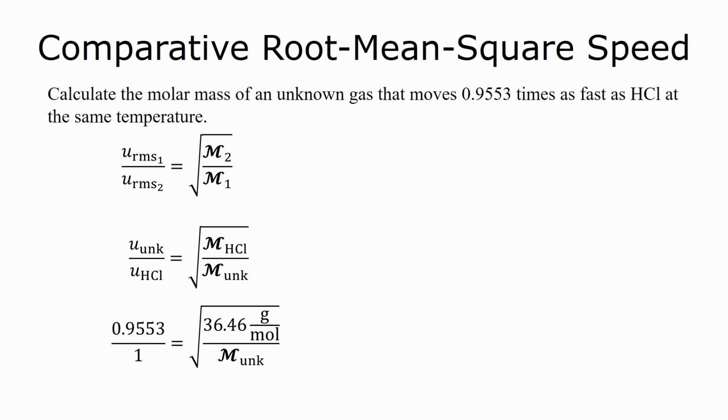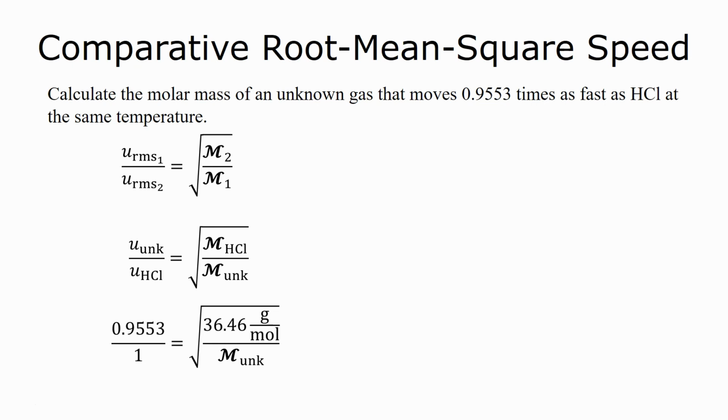It's moving at a speed of 0.9553. If our gas was moving at half the speed, then it would be moving at 0.5 times as fast. And if our gas was moving at twice the speed, it'd be moving at 2 times as fast as HCl.